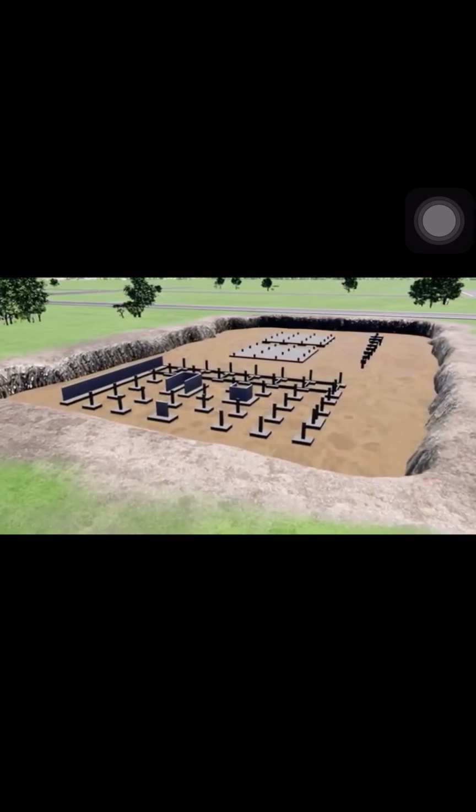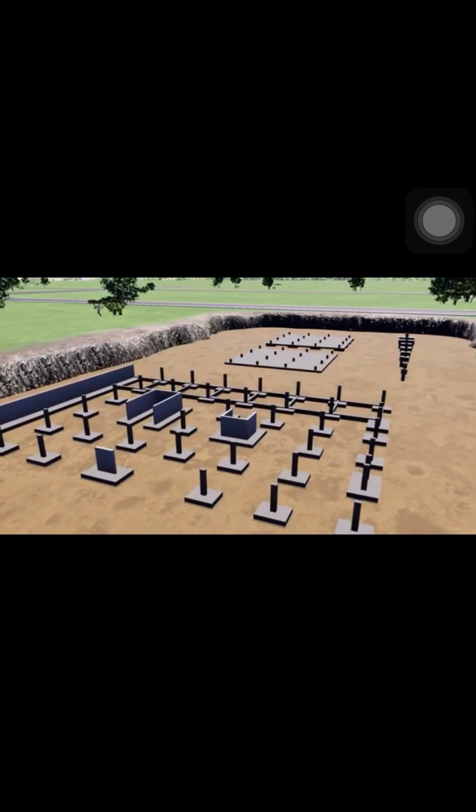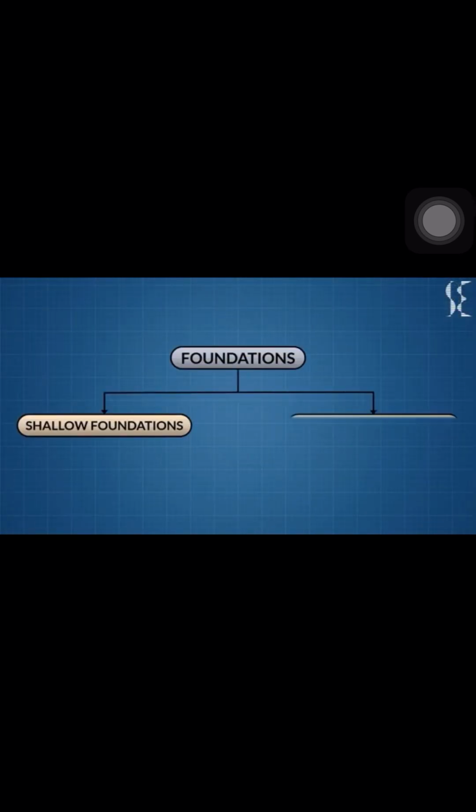Before choosing which type of foundation you have to use, you have to consider the bearing capacity of the soil. You have to consider the weight of the structure.